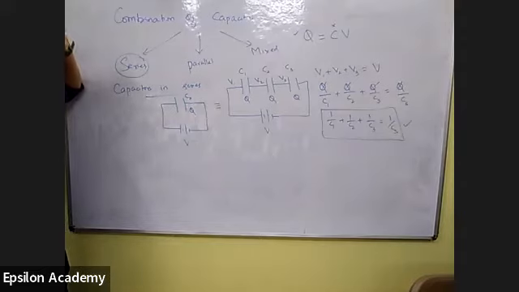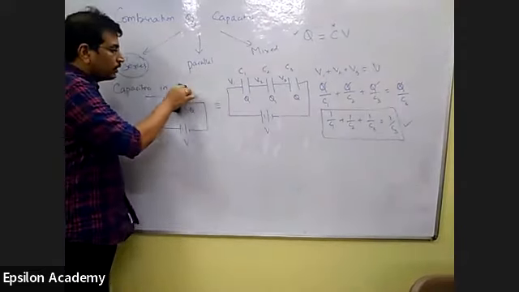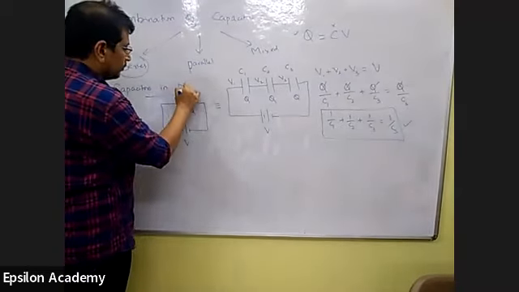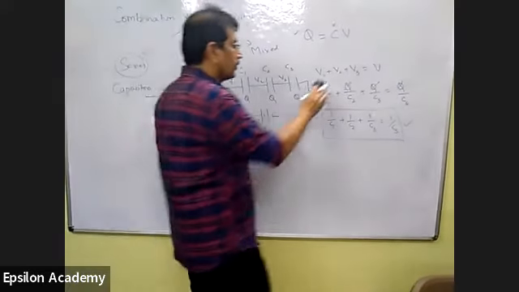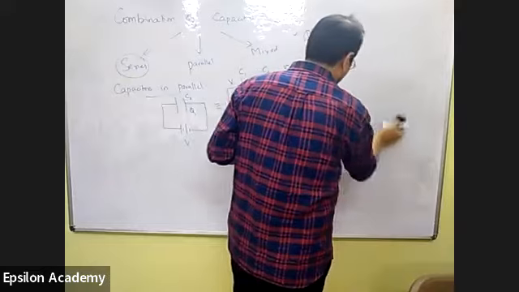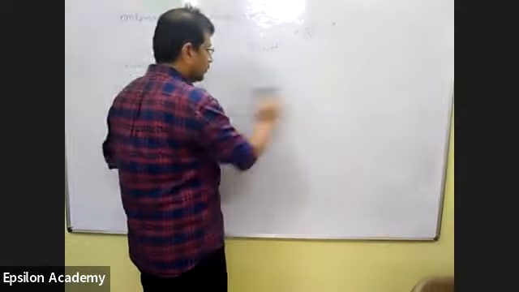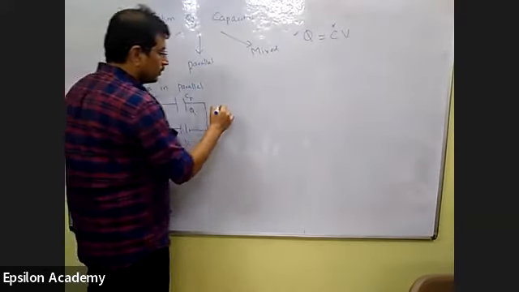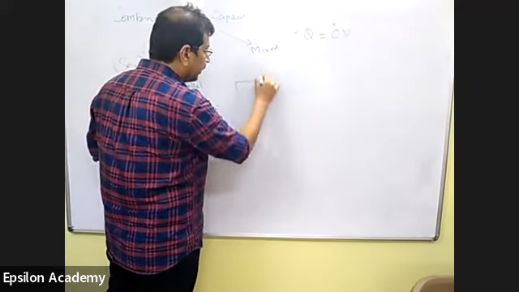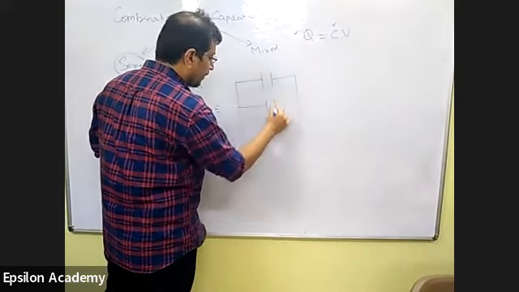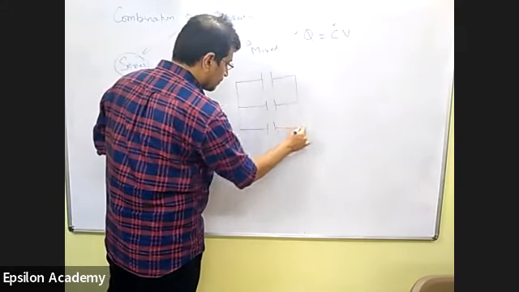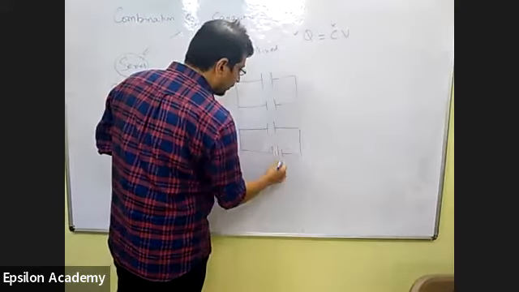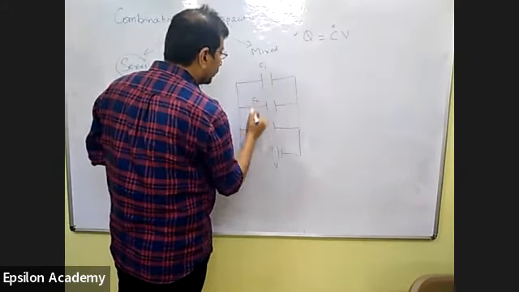Now similarly, if I want capacitors in parallel, so if I take the capacitors in parallel, it says capacitance C1, C2, and C3.